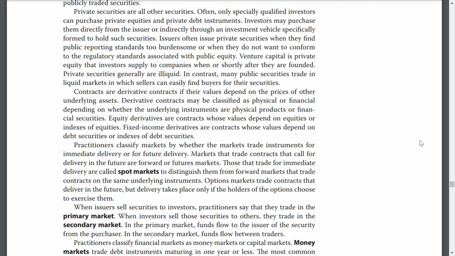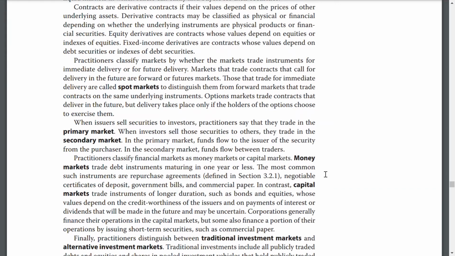Fixed income derivatives are contracts whose value depends on debt securities or indexes of debt securities. Practitioners classify markets by whether the market trades instruments for immediate delivery or future delivery. Markets trading contracts that call for delivery in the future are forward or futures markets. Trades that are immediately delivered are called spot markets to distinguish them from forward markets.